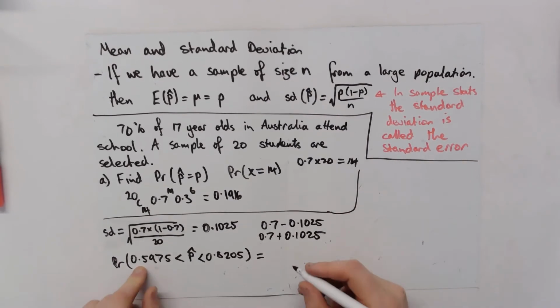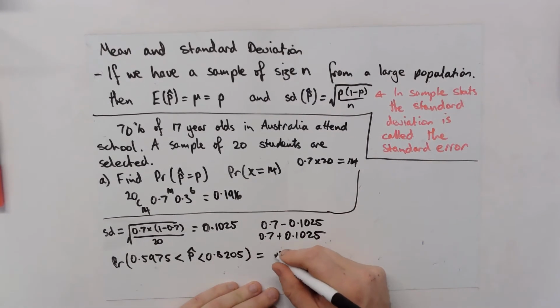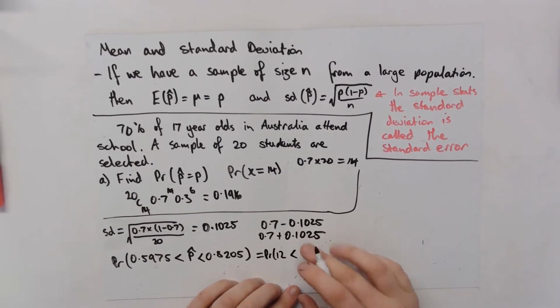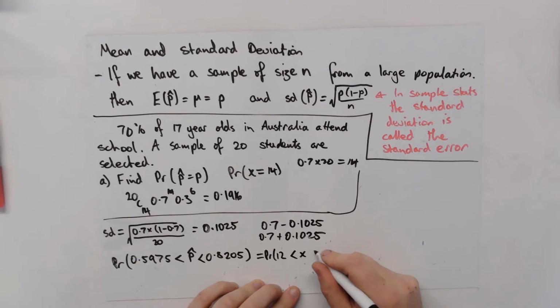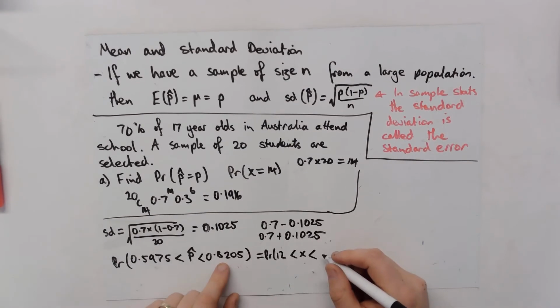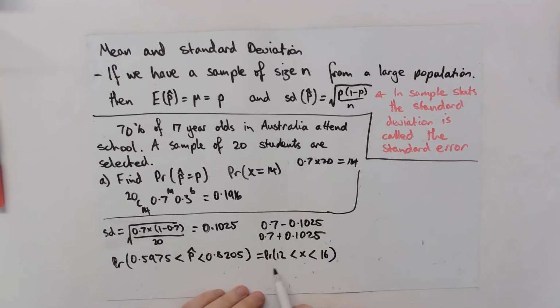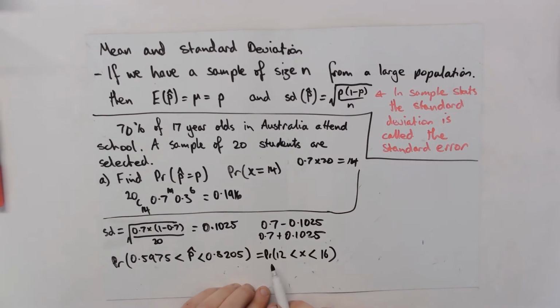When we multiply these by our sample size of 20, we find that this is 11.95, so we need to round that. So we're going to say the probability that x is between 12 and, if we do the upper one, just over 16, so we round to 16. So I'm finding the probability that we're between 12 and 16.